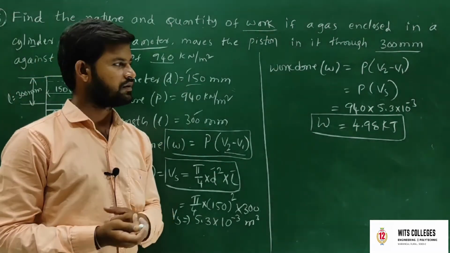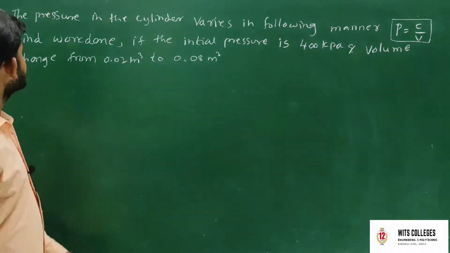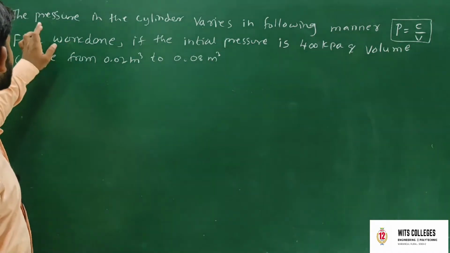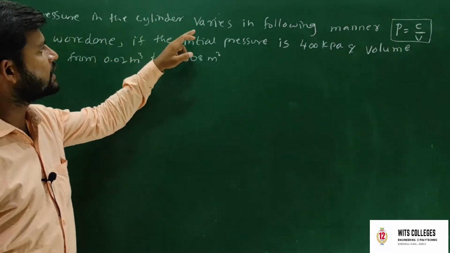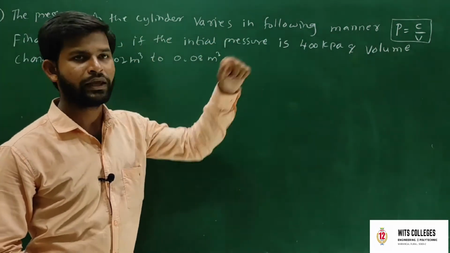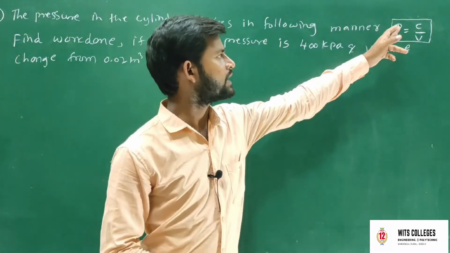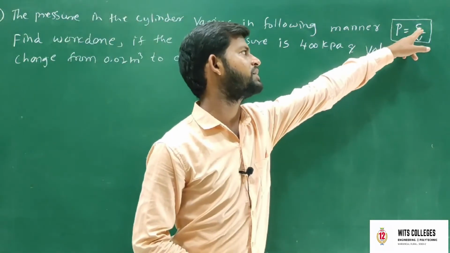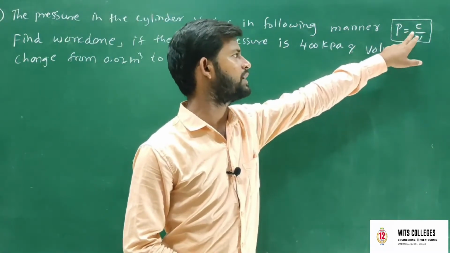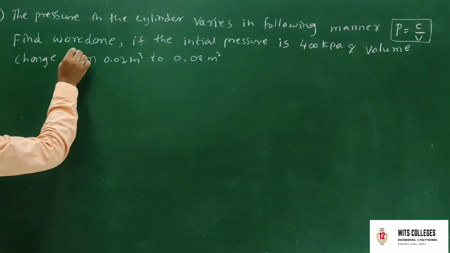Okay, this is one of the problems, and next we discuss another problem. The pressure in the cylinder varies in the following manner: P = C/V, where C is a constant, that is PV = constant.